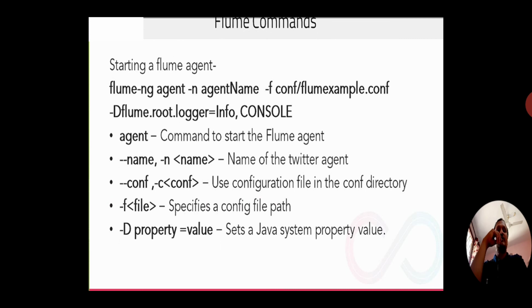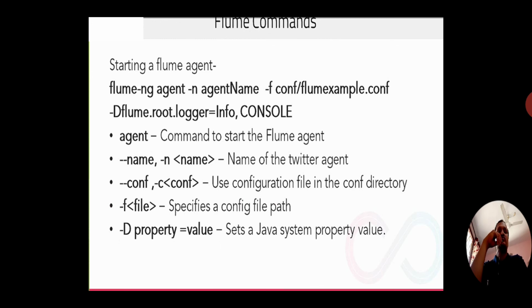we have to open the console, where we have to start the Flume agent. flume-ng is the command, where agent is the command to start the Flume agent, and -n is the name, the name of the Twitter agent, Facebook agent, LinkedIn agent, or any WhatsApp agent.